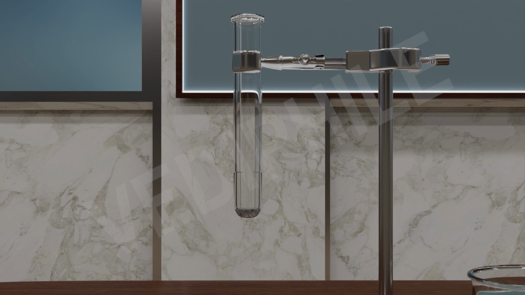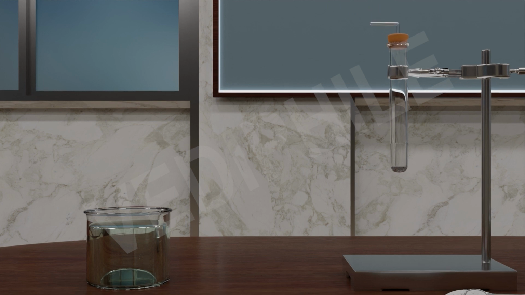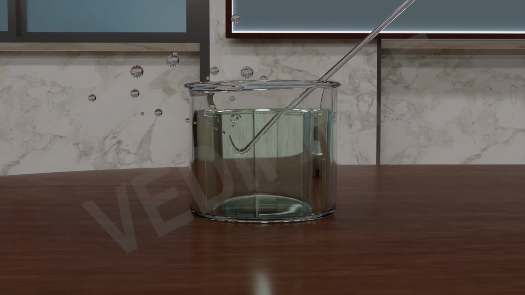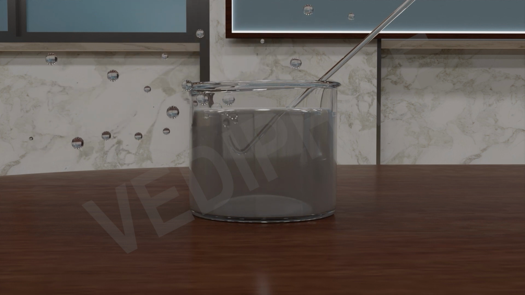Can you see these bubbles? That means gas is produced. When the gas is passed through freshly prepared lime water, the lime water appears milky. That means the gas is CO2.